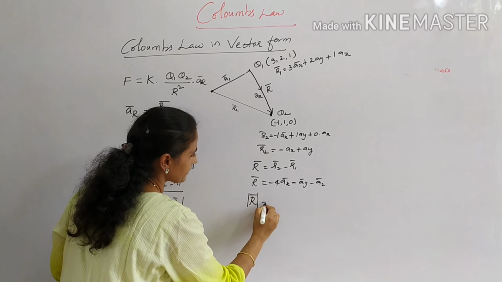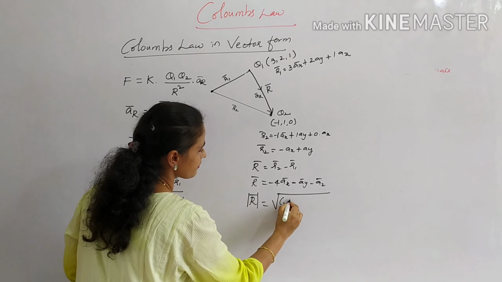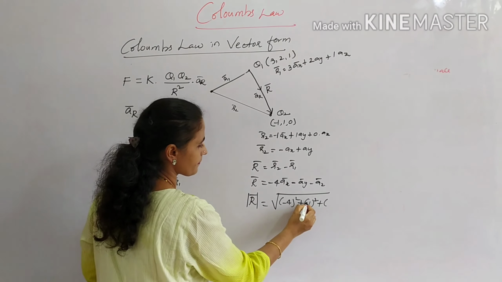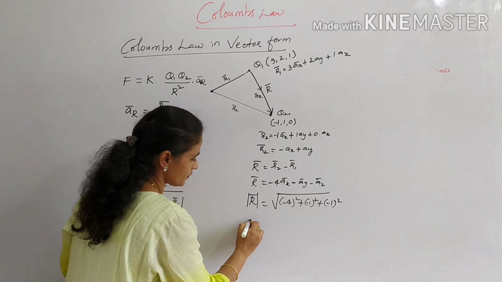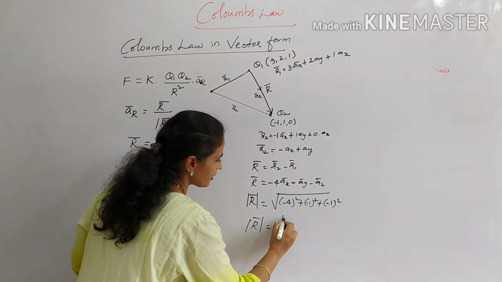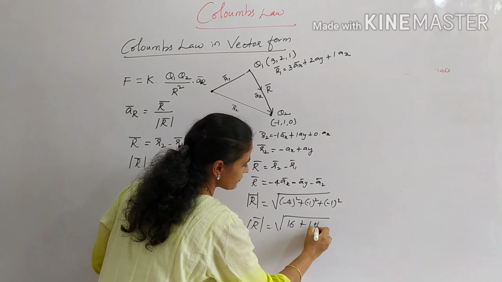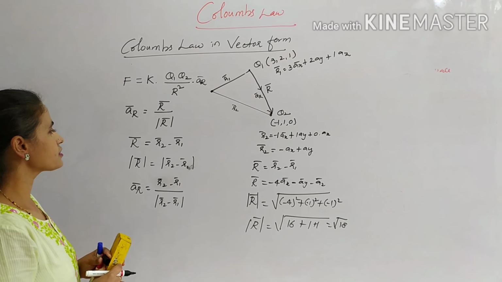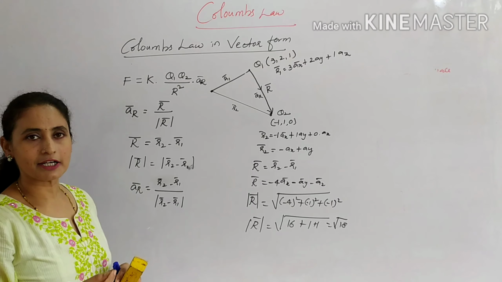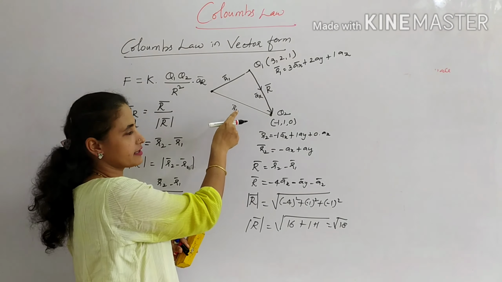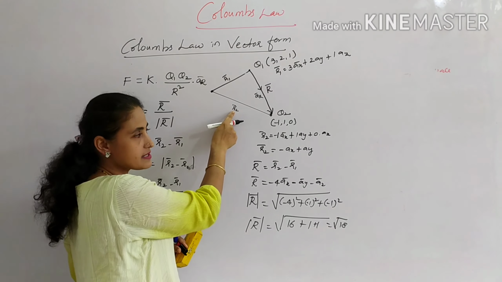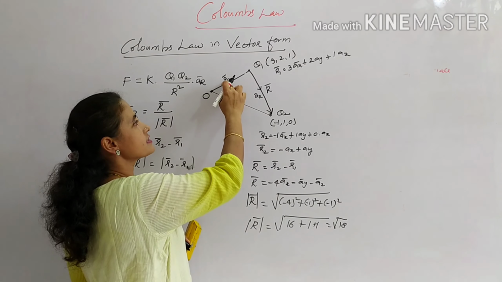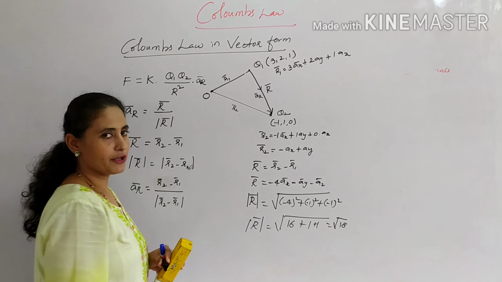It is minus 4 whole square plus 1 square plus minus 1 square, so 16 plus 1 plus 1, under the root of 18. No need to be confused with r2 and r1: they are the position vectors which show the distance of q2 from the origin, and of q1 from the origin.